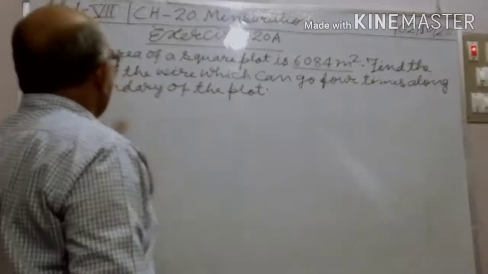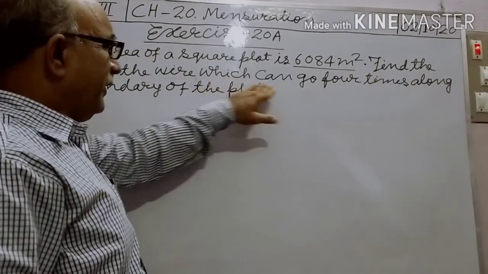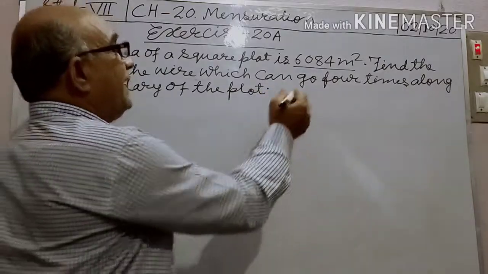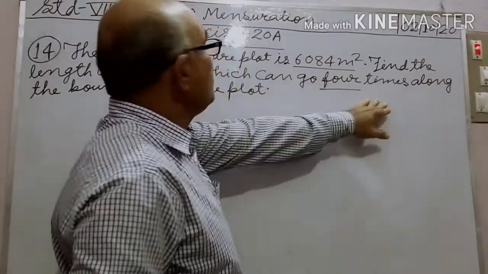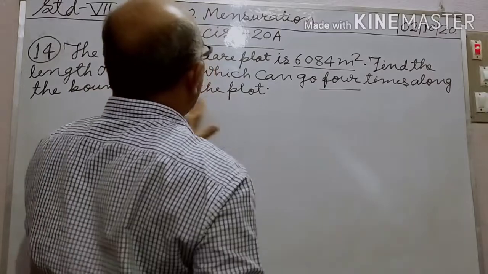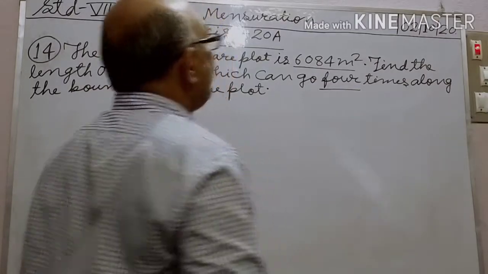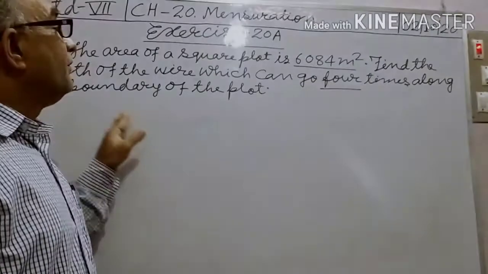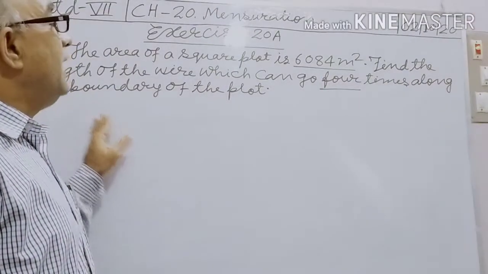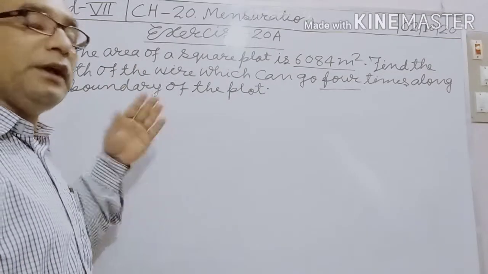Find the length of the wire which can go four times along the boundary of the plot.